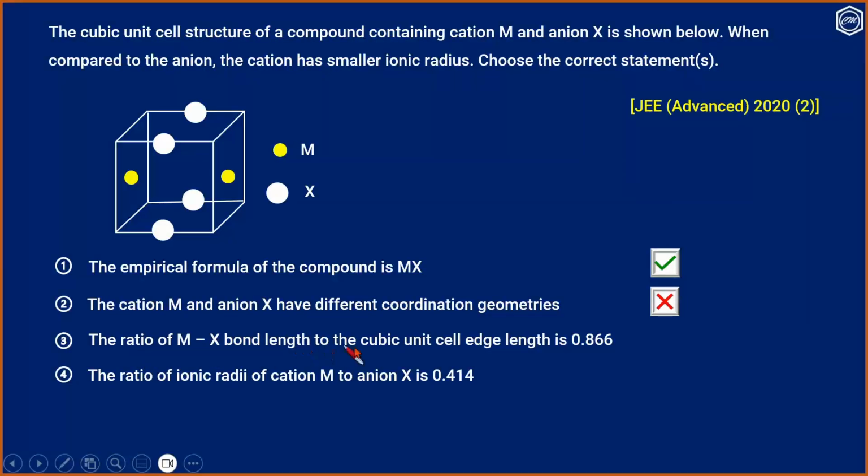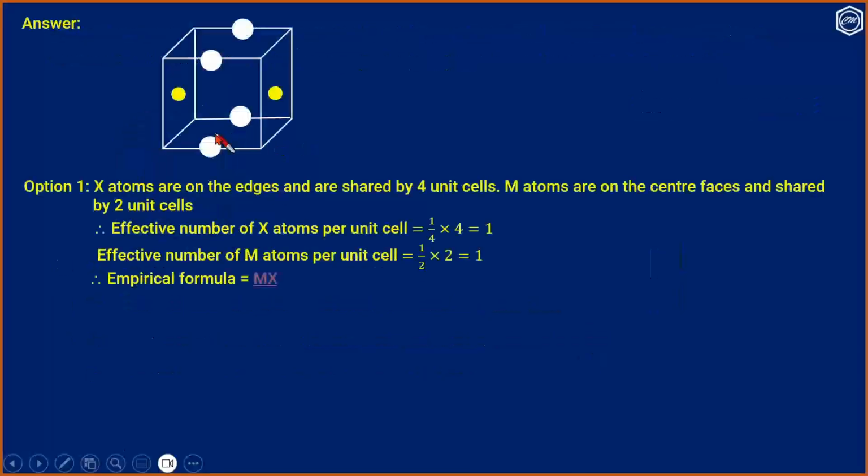The ratio of MX bond length to the cubic unit cell edge length is 0.866. Imagine a small cube within the unit cell. So this atom is M and this atom is X and this distance will be a by 2.